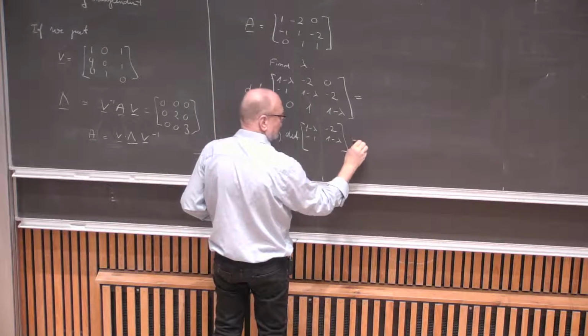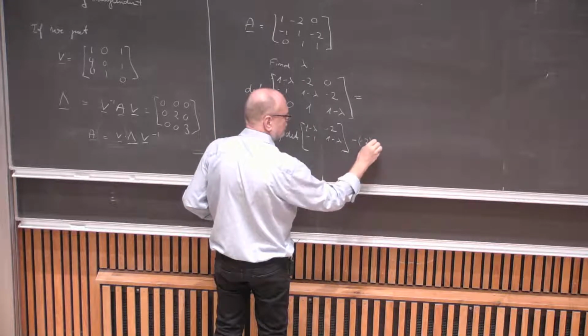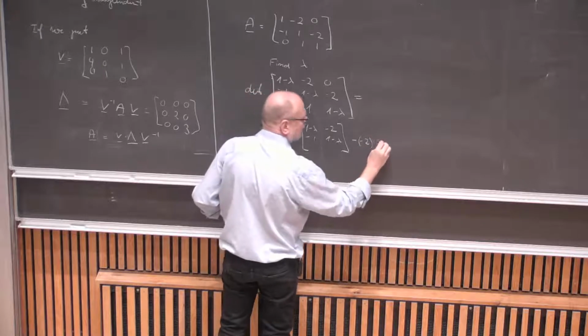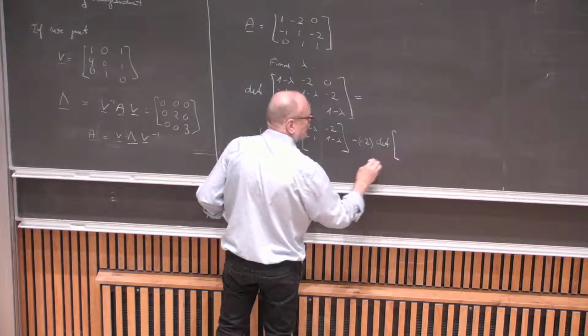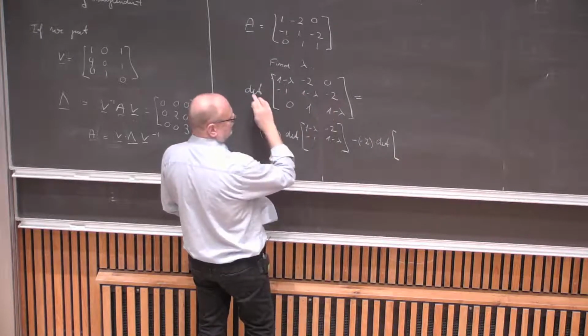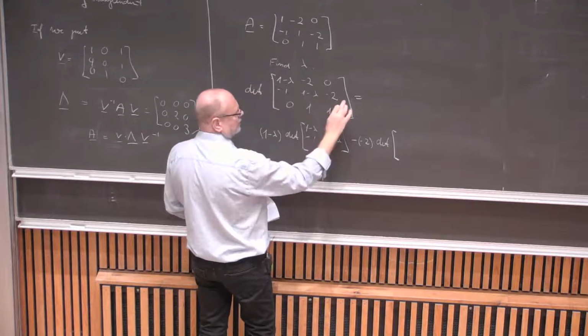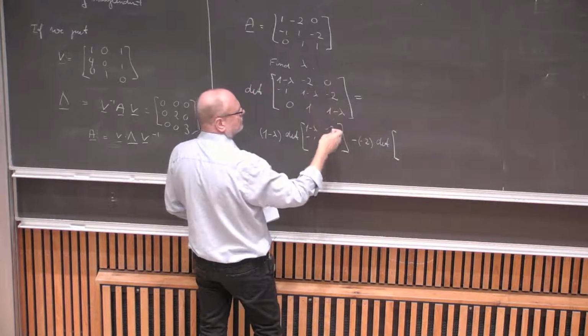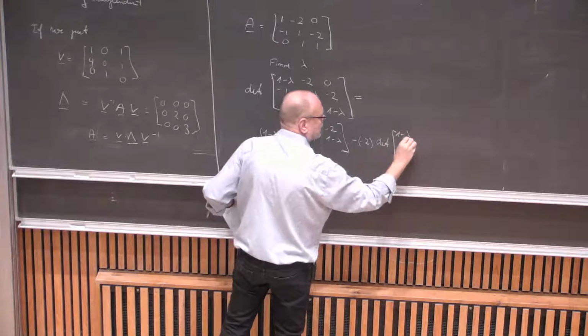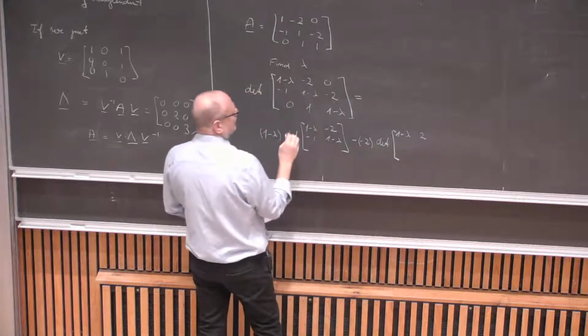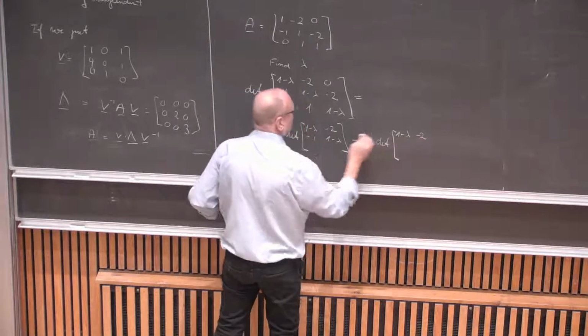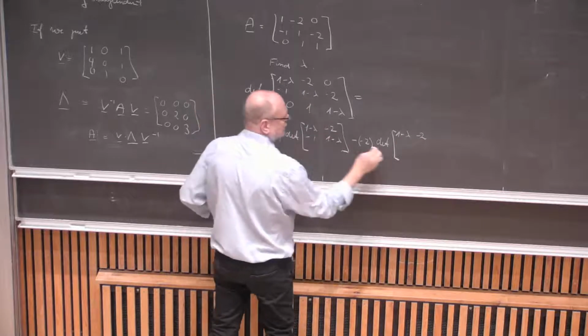So it'll be minus, minus 2, and then the determinant of the submatrix that you get when you eliminate the second row and the third column, that will be 1 minus lambda, minus 2, and then 0, 1.